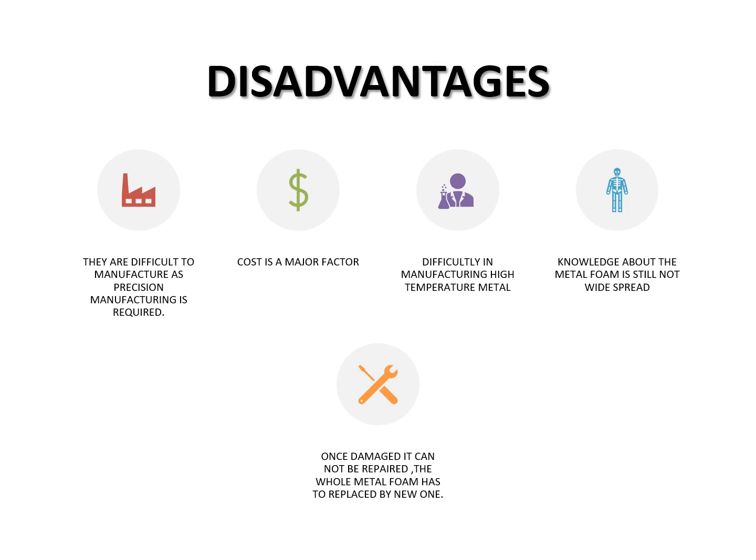There's a difficulty in manufacturing high temperature metal. And as I stated before, the knowledge about metal foam is still not widely spread. And one of the biggest defects of metal foams is that once it's damaged, it cannot be repaired. So the whole metal foam has to be replaced by a new one, which is also expensive.